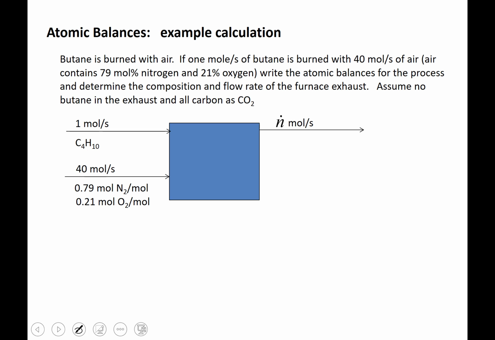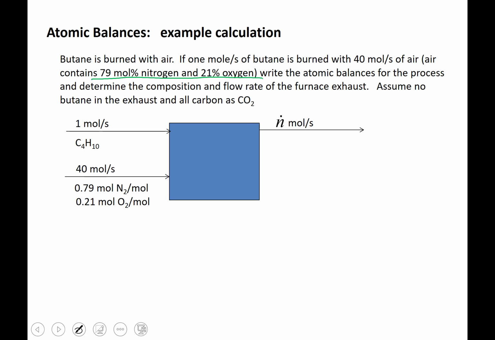So here's an example calculation. Butane is burned with air. If 1 mole per second of butane is burned with 40 moles per second of air, and we take air to have 79 mole percent nitrogen and 21% oxygen, write the atomic balances for the process and determine the composition and flow rate of the furnace exhaust.